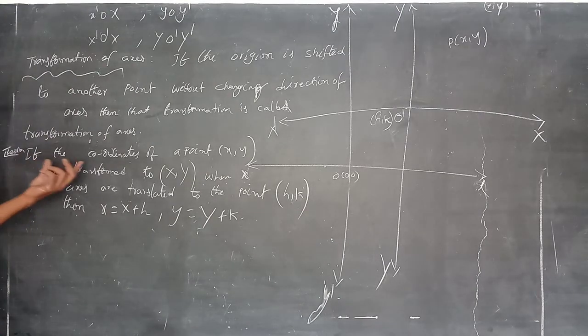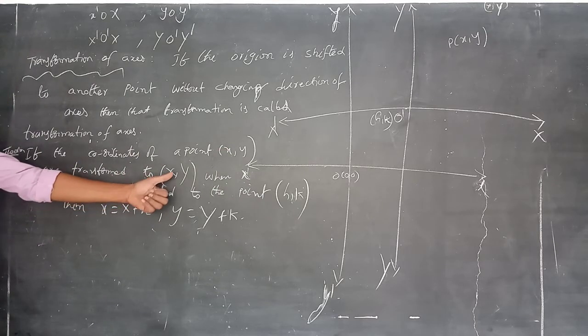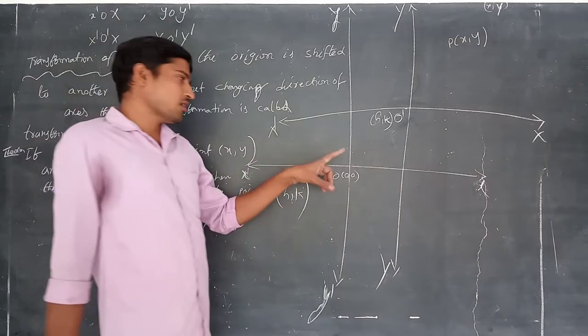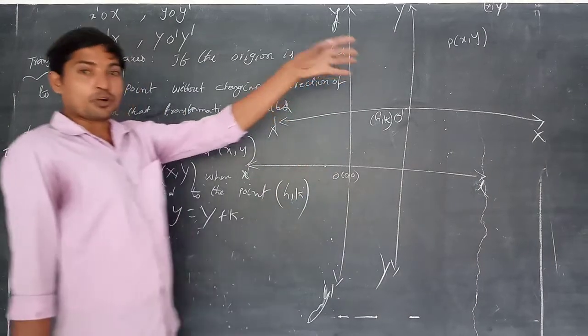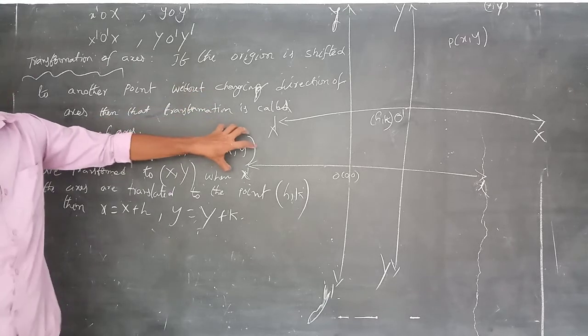If the coordinates of a point x comma y are transformed to capital X comma capital Y, then we can expect this much of change when you transfer the axes from one point to another point without changing the direction. So before that, the point is small x comma y.